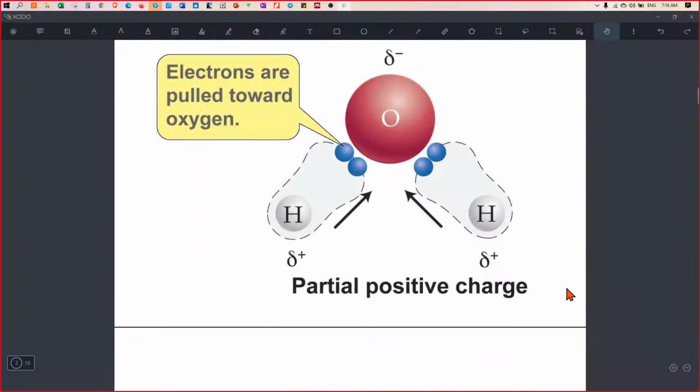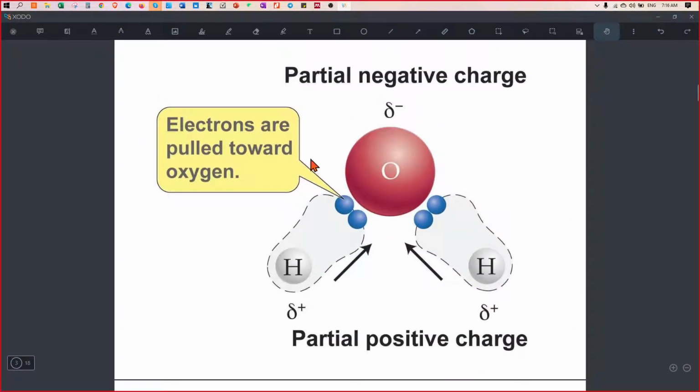Right? Okay, so this is a partial charge of the water due to the arrangement of the hydrogen and oxygen. Okay, so this part you got your negative charge, and this part you got your positive charge.